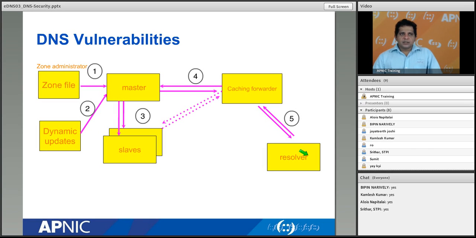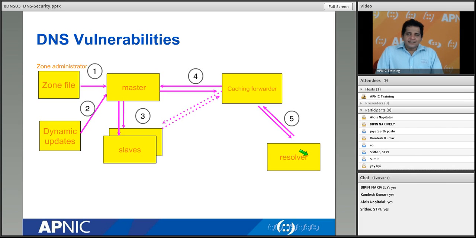Now, according to the example we discussed earlier, when the caching server finds the answer after talking to root name servers or GTLD name servers and other authoritative servers, the answer is kept in the cache. For how long?